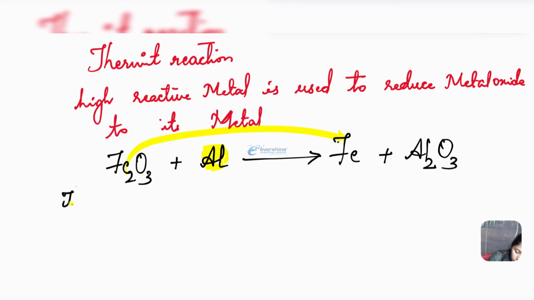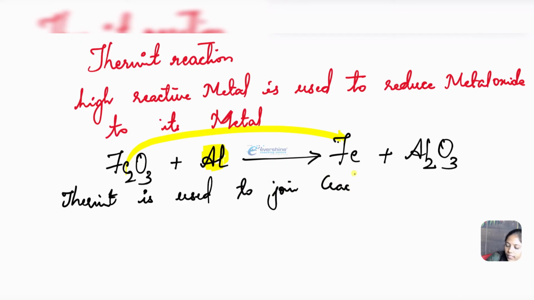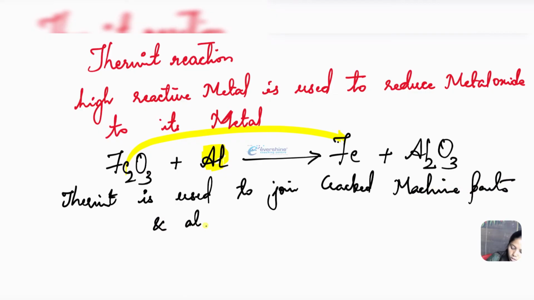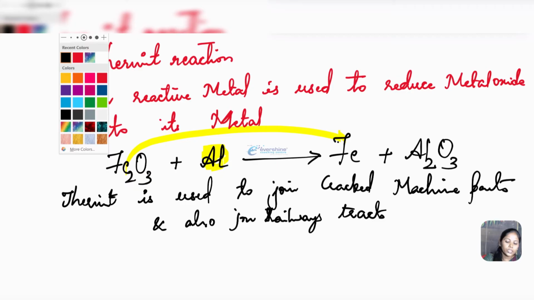It is very important because it is used to join cracked machine parts and also to join railway tracks. So thermite reaction means using some highly reactive metal, we can convert metal oxide to metal.